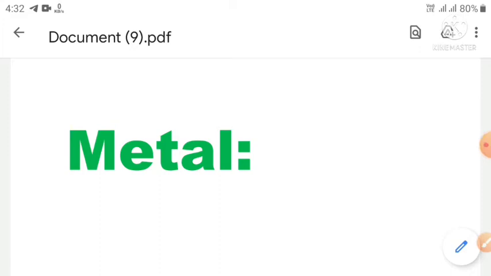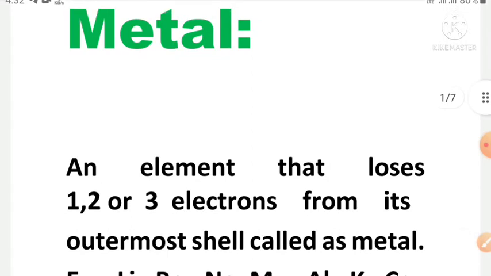Chemically, a metal is defined as an element that loses 1, 2 or 3 electrons from its outermost shell.